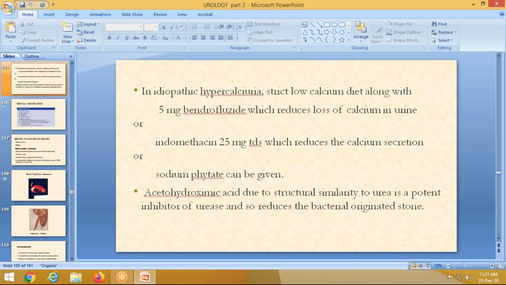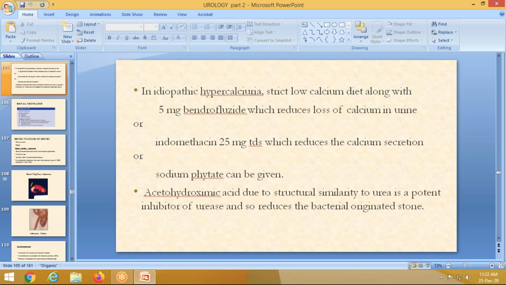Sir, the genitourinary system is left. You have completed the urinary system, now start the genital system.